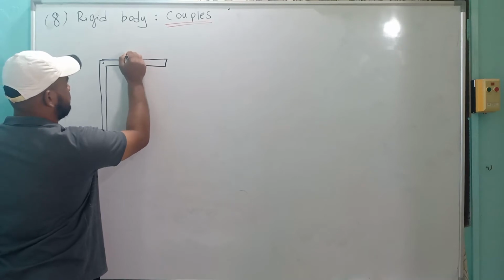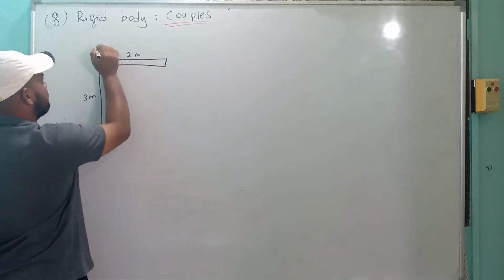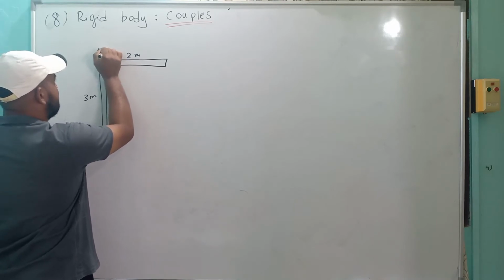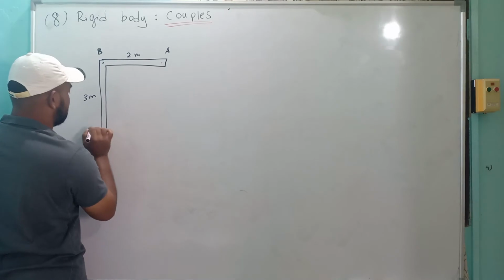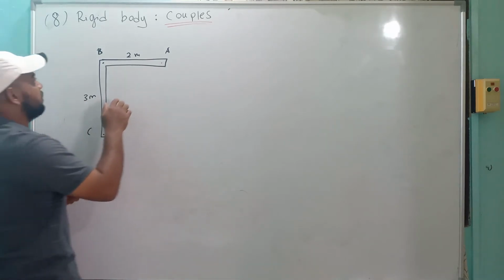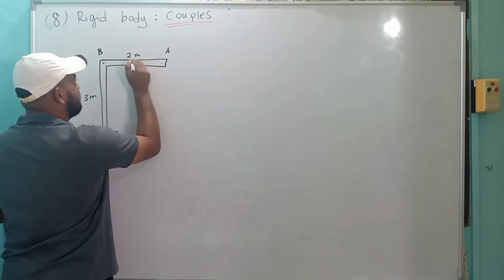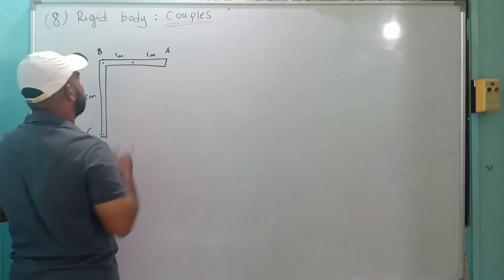This is 2 meter, this one is 3 meter, point B, point A, point C. Okay, 2 meter, or we put it right in the middle here, 1 meter, 1 meter.